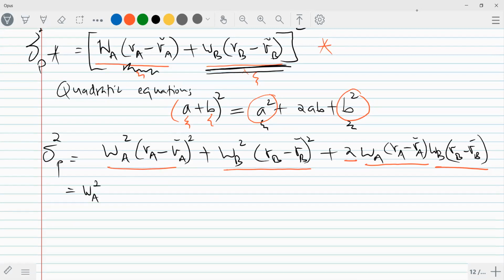Now, what is this component here? We can use a term for it. What is A minus the mean of A, squared?